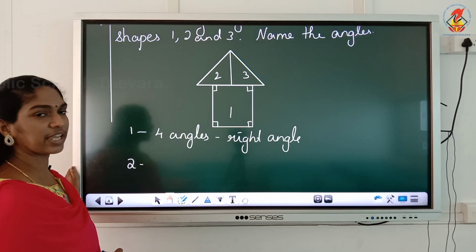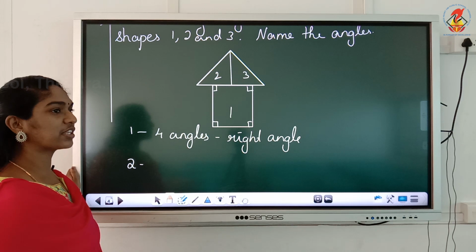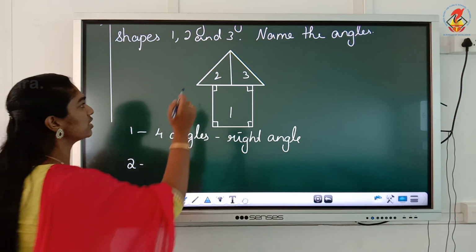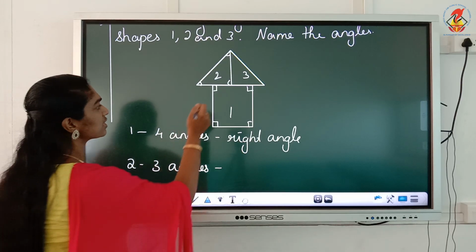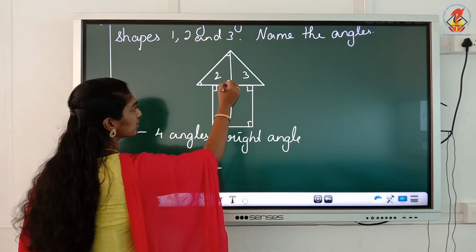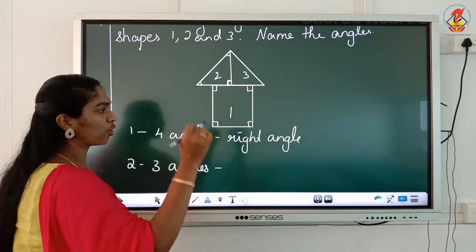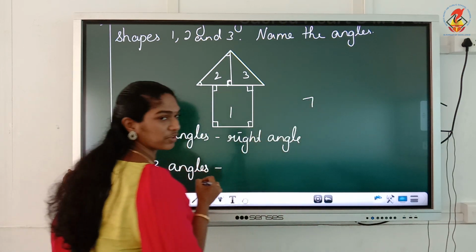Now the second picture, it is a triangle. How many angles are there? A triangle has 3 sides, so it will have 3 angles. This is the first one, second one, and this is the third one. So there are 3 angles. And what are the types of angles? There are 2 acute angles and 1 right angle. A right angle is always represented in the form of an L. You should show it like this always.